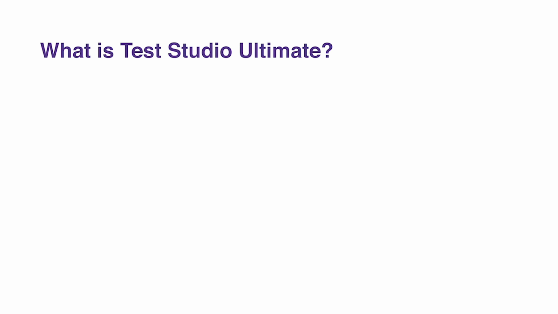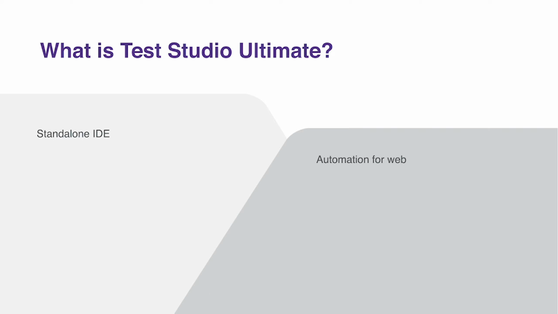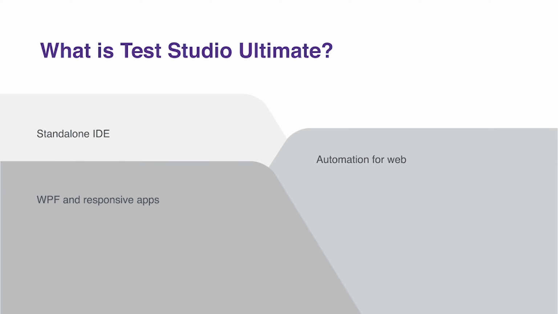So what's Test Studio Ultimate? Well, if you need to go deeper into your automation efforts, you could explore Test Studio's full-featured set that comes with the Test Studio Ultimate. It's a standalone IDE that includes automated testing for web, WPF, and responsive applications.